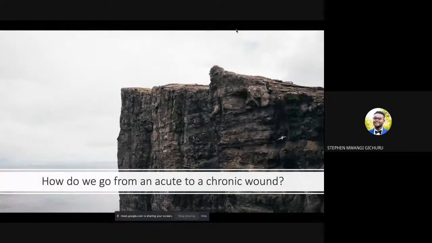Rebecca really took us to the next point, is how do we go from an acute to a chronic wound? And it's basically those factors. In what circumstance will we have secondary intention and tertiary intention? Exactly.